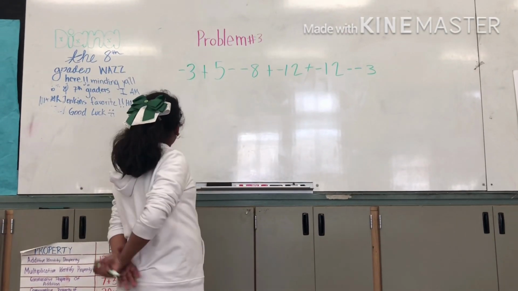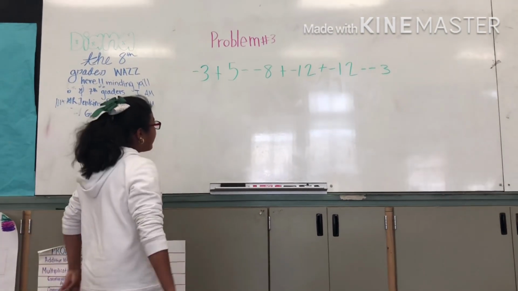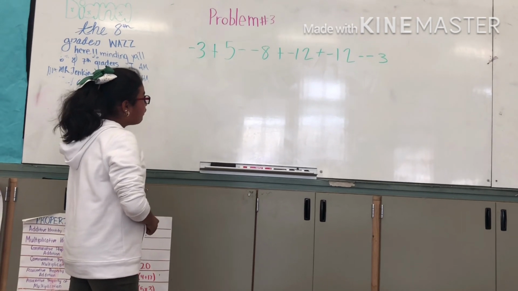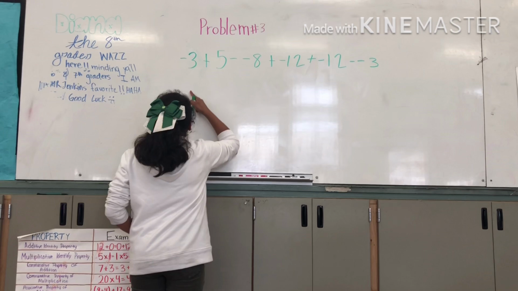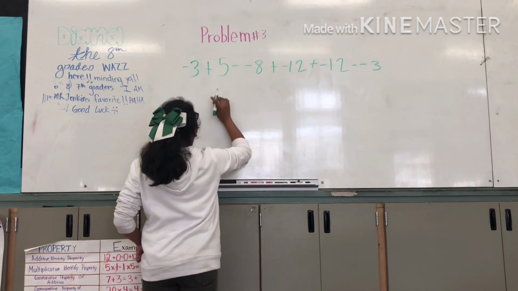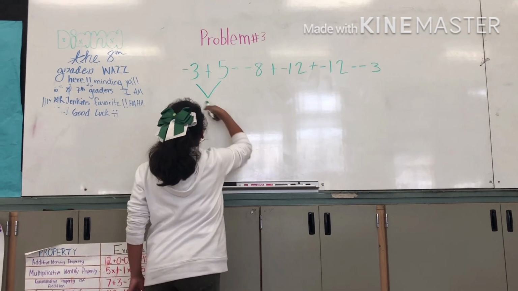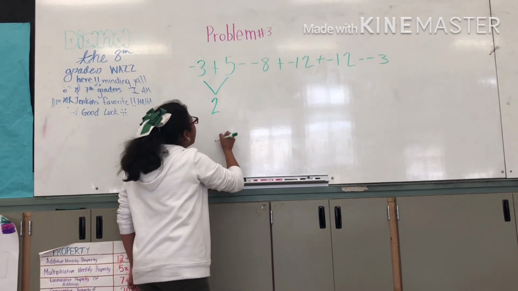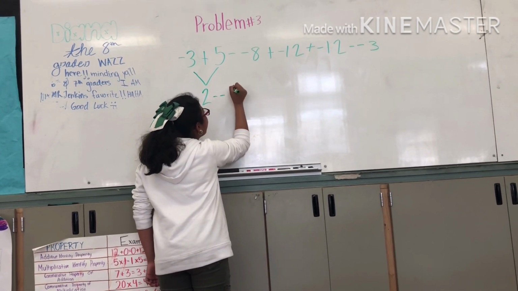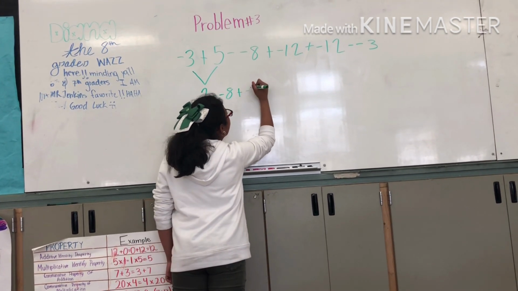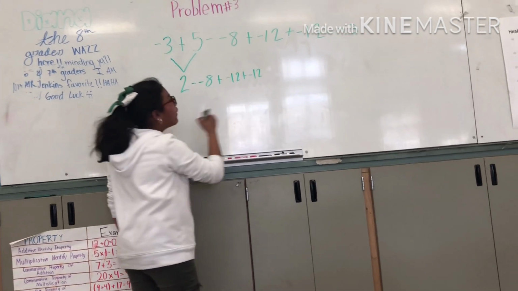For this problem, we are going to have to solve negative 3 plus 5 minus negative 8 plus negative 12 plus negative 12 minus negative 3. Negative 3 plus 5 would give you positive 2. Then we would have to rewrite this equation, which would give you positive 2 minus negative 8 plus 12 plus 12 minus negative 3.